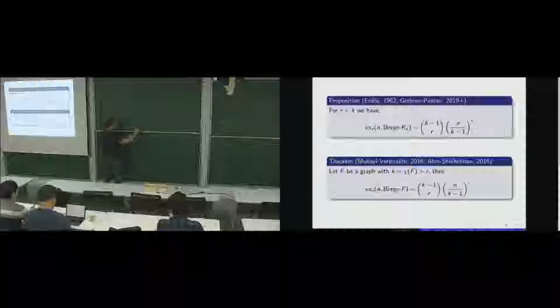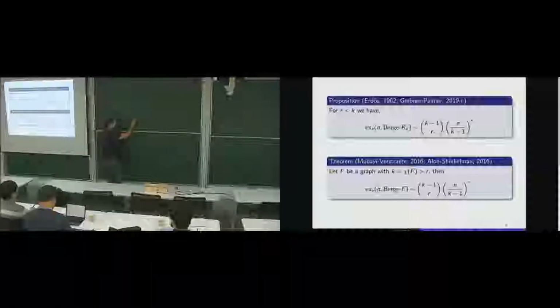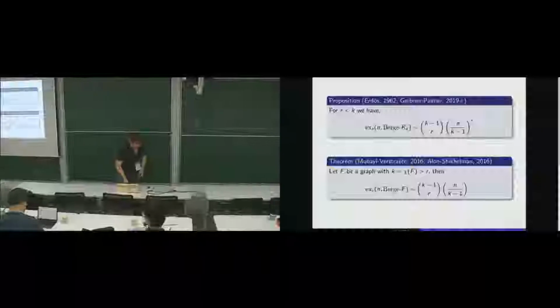The construction of my hyperedges used one vertex from each class. So there's no hyperedge that contains both of these. So this edge never existed in my graph there. And the same thing works if I had F instead of K_k, because the k color classes of my F would appear here, and at least two vertices of two different color classes would be stuck in the same class. Okay. All right, so that at least gives basically the lower bound to both of these.